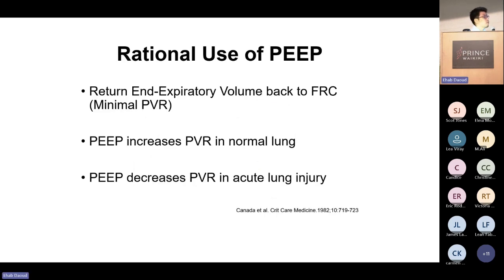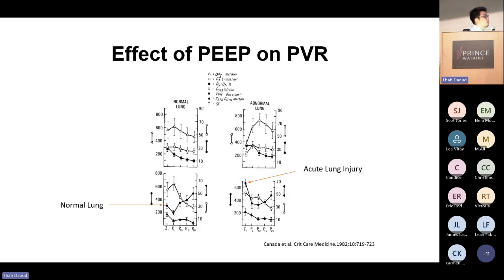So this is the animal study done by Canada et al. in the same study. This is a normal lung, and then this is acute lung injury. These are normal lungs at 0 PEEP, 5 PEEP, 10 PEEP, 15, 20. When PEEP is 0, it's low, but when PEEP is 5, it goes down and then it goes up as PEEP goes up.